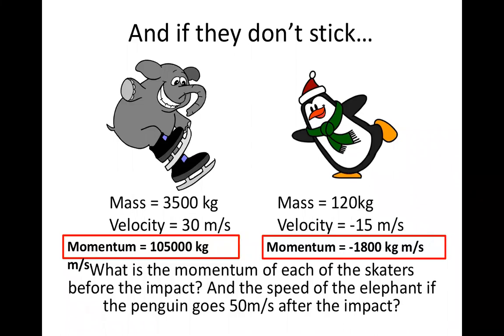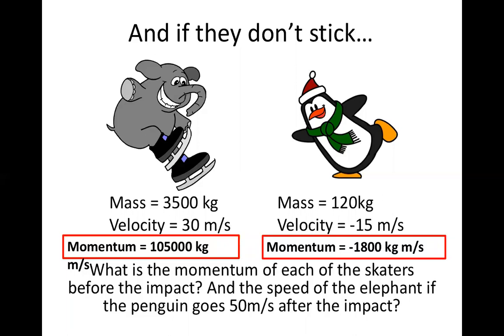What is the speed of the elephant from the question? From the question, 30 meters per second. After collision. 80 meters per second. Hey, read the question. 50 minus 30. 15. No, hey, that's the penguin. 15 is the penguin.